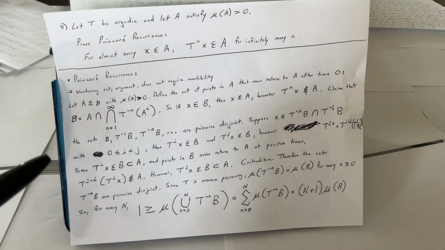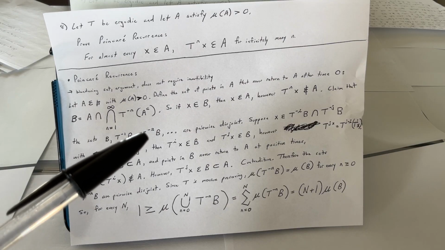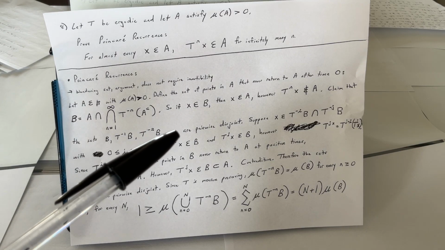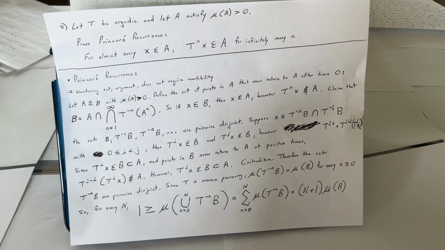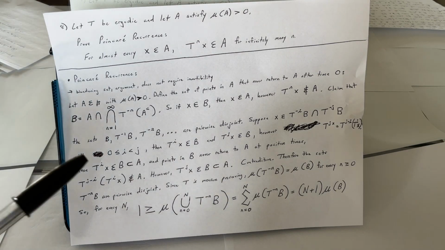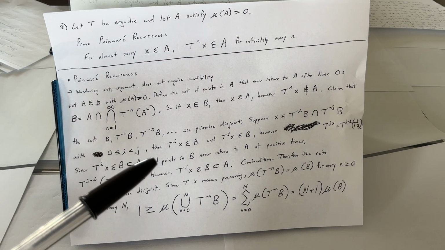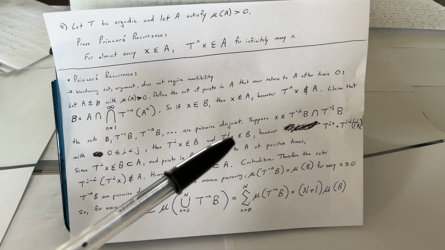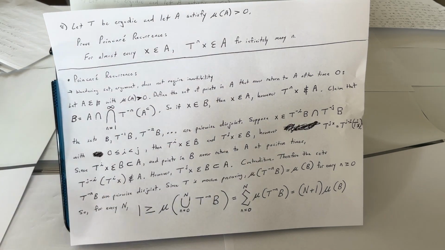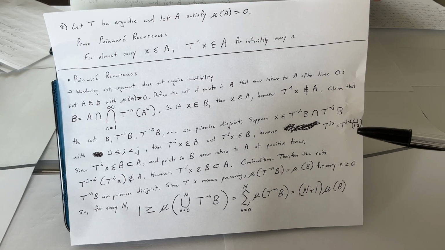So we're going to claim that the sets B, T inverse B, T negative 2 B, on and on, are pairwise disjoint. Suppose that x belongs to T to the negative i B intersect T to the negative j B, with 0 less than or equal to i less than j. Then T to the i x belongs to B, and T to the j x belongs to B. However, T to the j x equals T to the j minus i, applied to T to the i x.